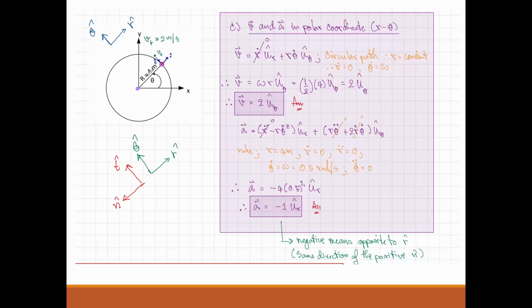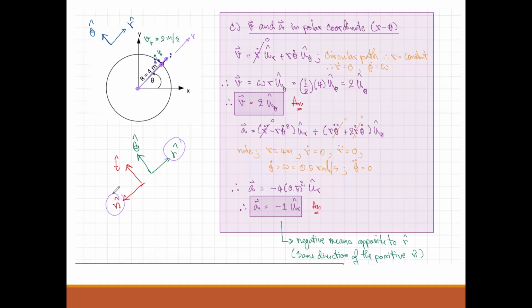So r represents the direction from the origin to the particle, which means it goes outside, from the center of curve to the particle. So you see that r and normal are opposite directions for this case.